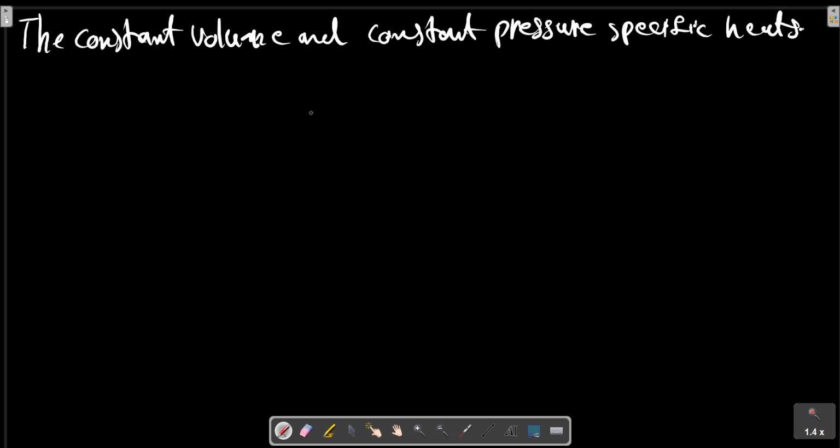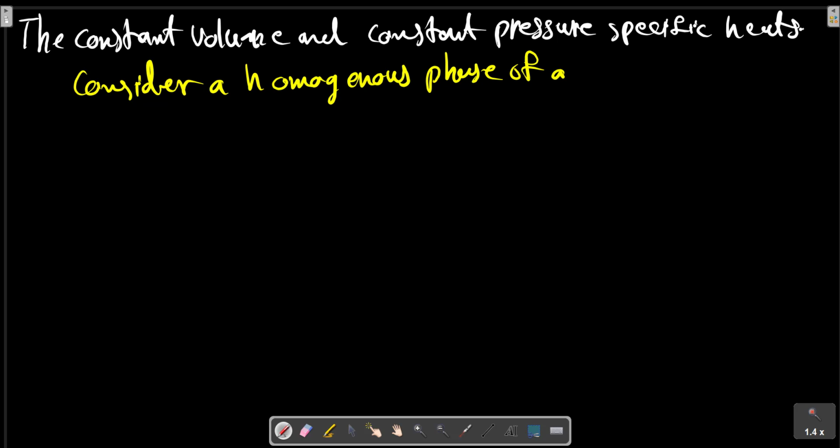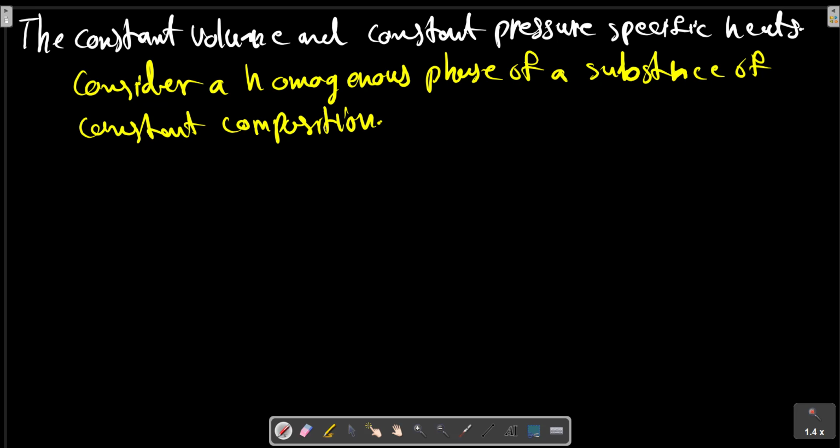In this section, we will consider a homogeneous phase of a substance of constant composition.